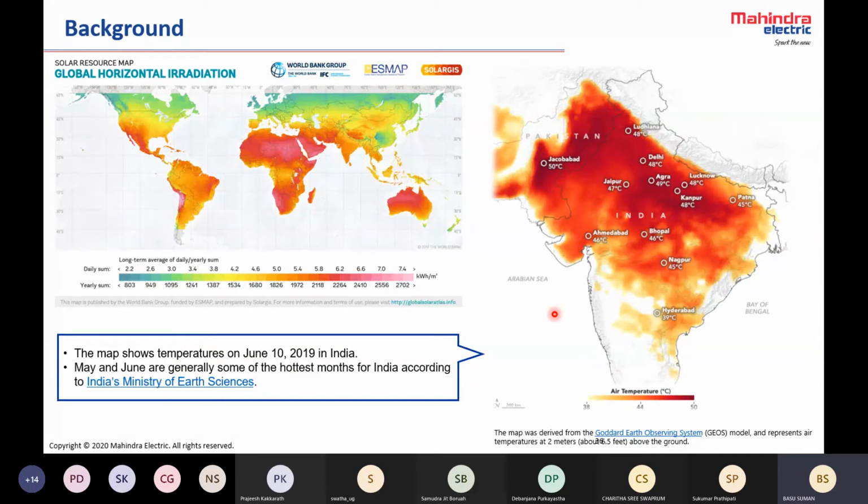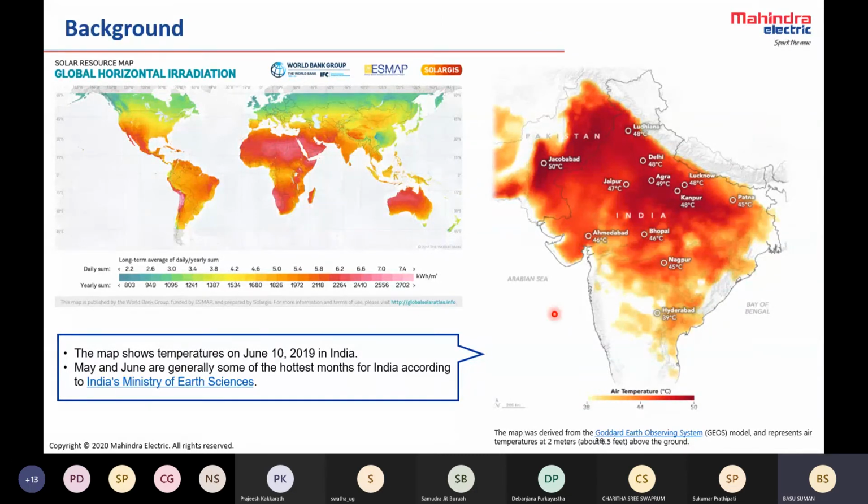Now low cost electric vehicle means what? Like three-wheeler. Mahindra Electric has three-wheelers. Three-wheelers cannot have a HVAC system of its own. This is an open vehicle. The customer does not have AC. Now I cannot provide an HVAC system only for the battery.